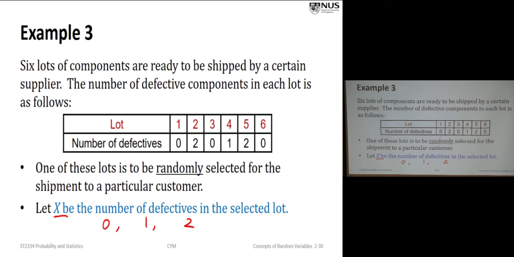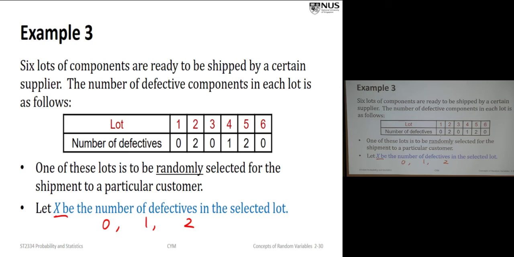When will I get a lot where the number of defectives is 0? The batch has 0 defectives. So it's equivalent to selecting lot 1 or lot 3 or lot 6. So in other words, the chance that X equals 0 should be 3 over 6. Am I right?